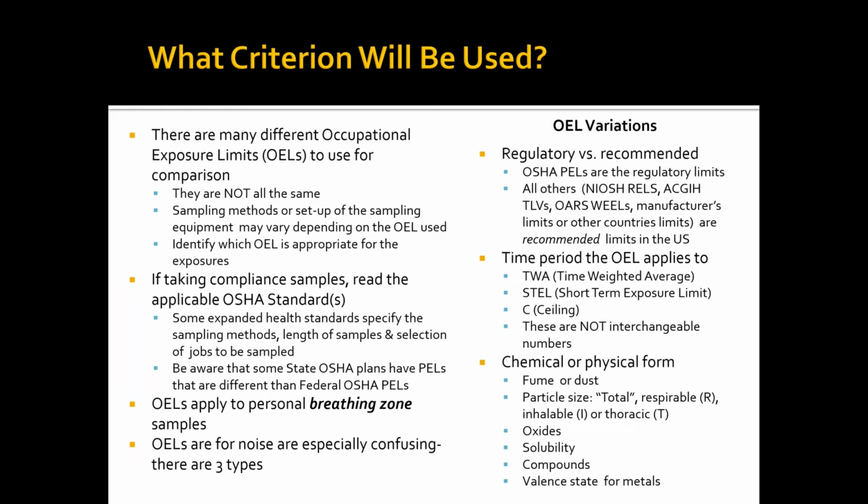So it's a really good place to go to find that. If you're looking for more in-depth information on some of these other exposure limits, the ACGIH publishes a really good guide to occupational exposure values. It's not an inexpensive document, but it's a great resource for these.